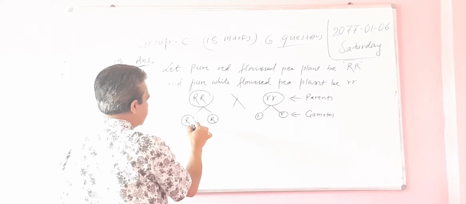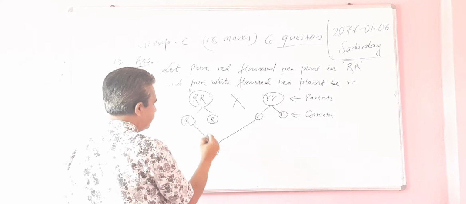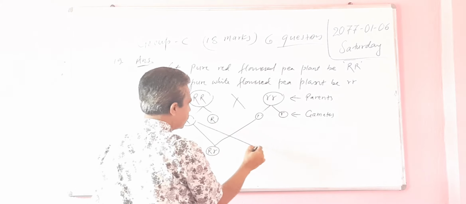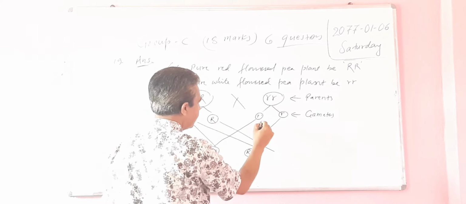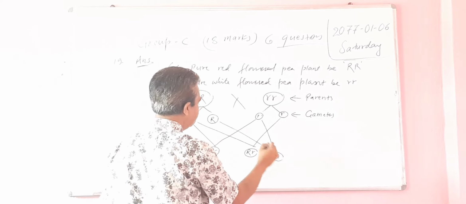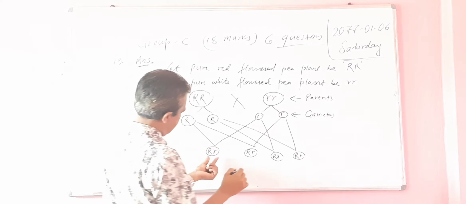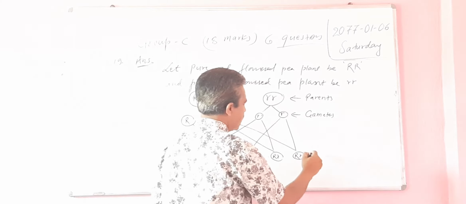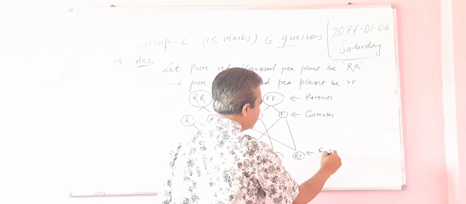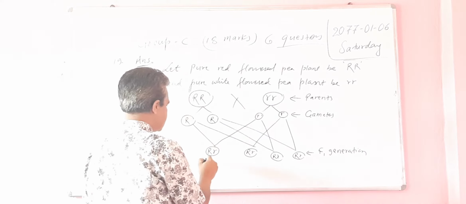Now you are crossing them, so we get here R, small r, and next R, small r. See, genotype is same. Rr means that is hybrid red. So this is F1 generation. So this is hybrid red.